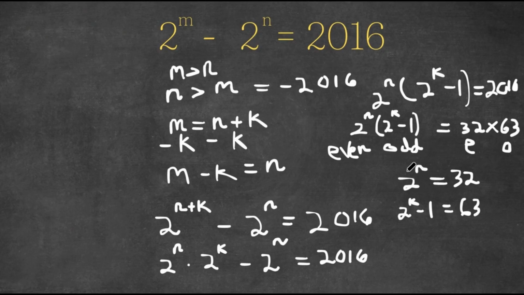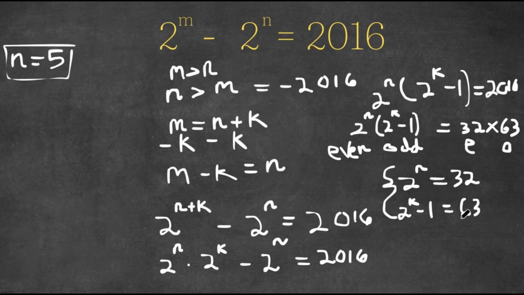So if 2 to the power of n is equal to 32, then n is equal to 5, because 2 to the power of 5 is equal to 32. And we have 2 to the power of k minus 1 equals 63. If we add 1 on both sides, we get 2 to the power of k is equal to 64.